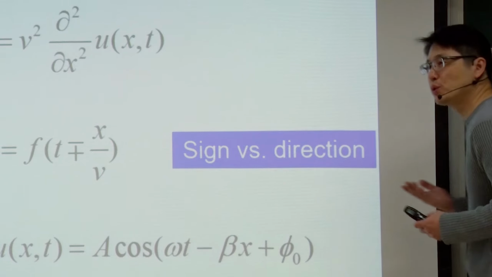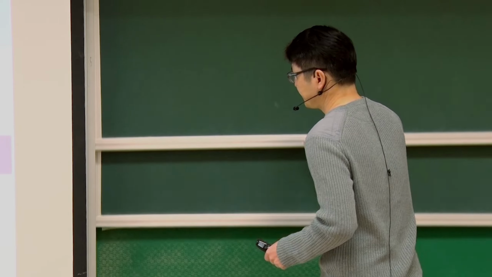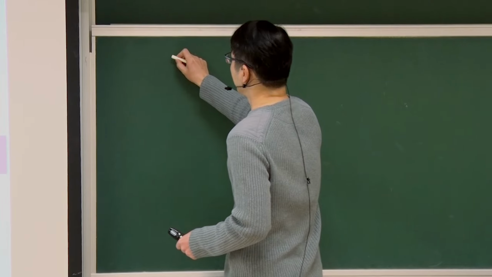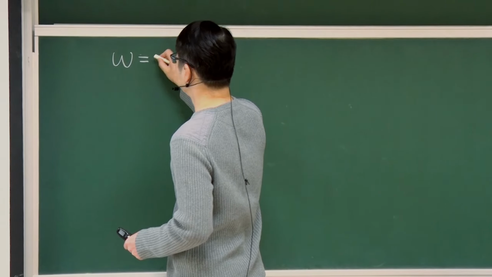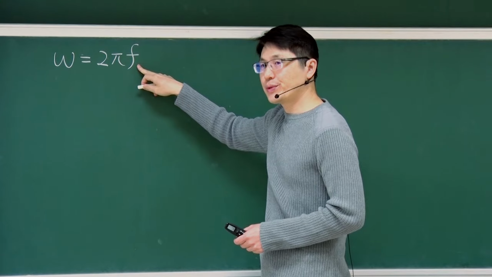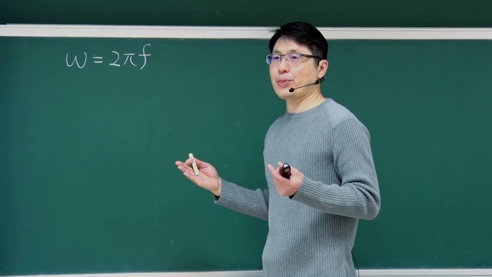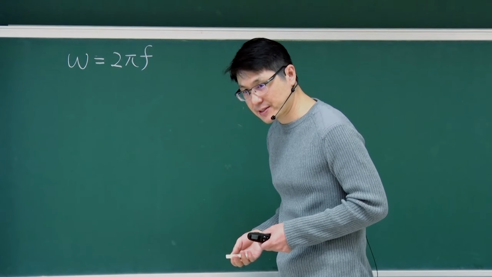Omega is simply 2 pi times f. Okay? So let's start to derive. So omega is nothing more than the wave frequency multiplied by 2 pi. 2 pi means 360 degrees.